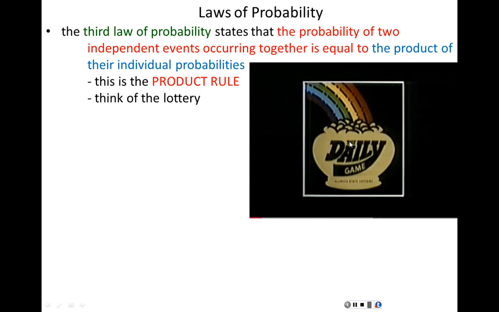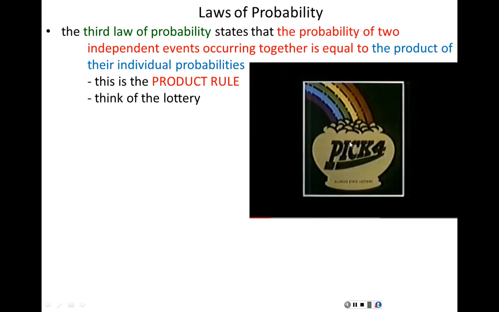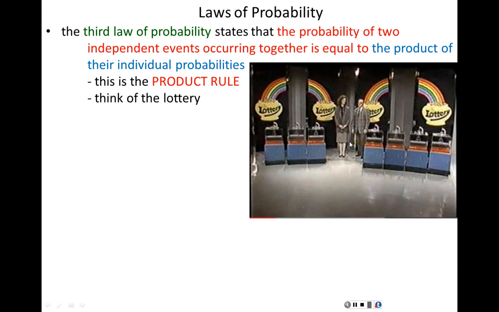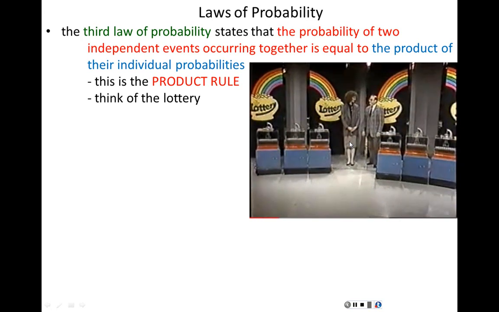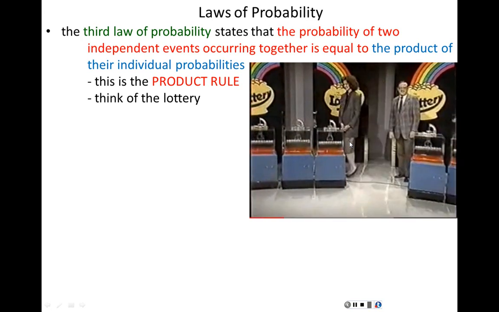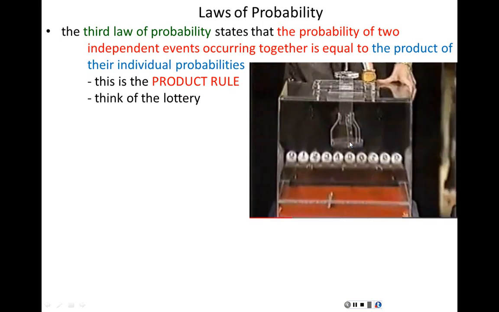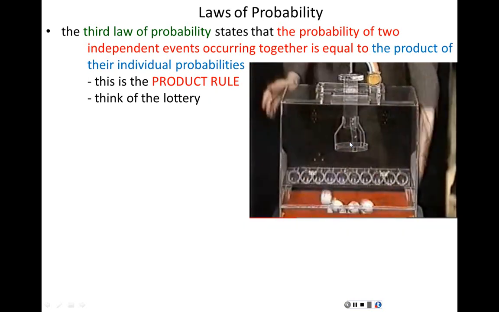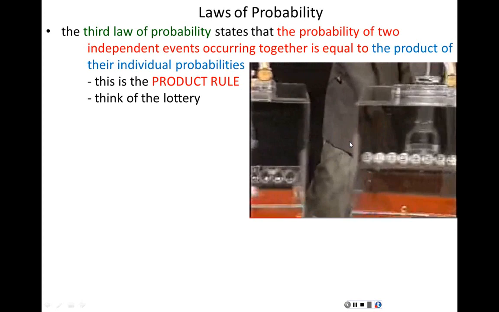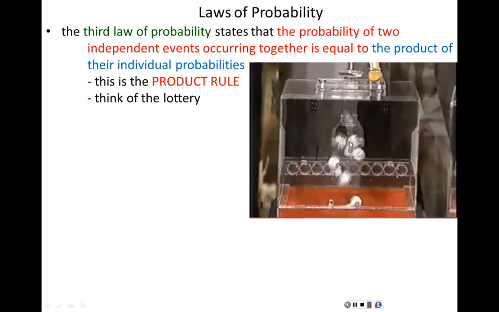WGN brings you the official winning numbers of the Illinois State Lottery's daily game and Pick 4. Tonight's drawing is supervised by Jerry Simon, partner with the accounting firm of Laventhal and Horwath. Here's Ann Wendell with tonight's 3 daily game machines in a randomly selected order. Each has 10 balls, 0 through 9. Drawing starts by mixing the balls in the first machine. Next, the balls in the second machine.